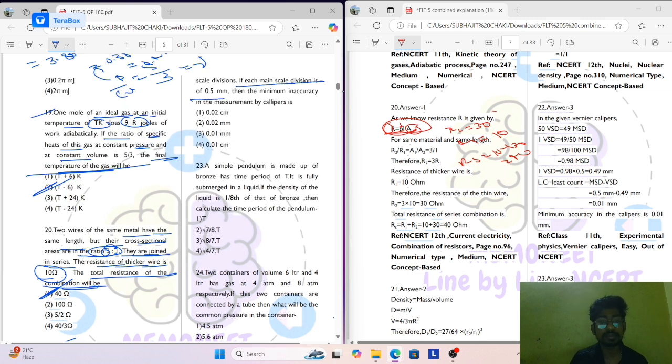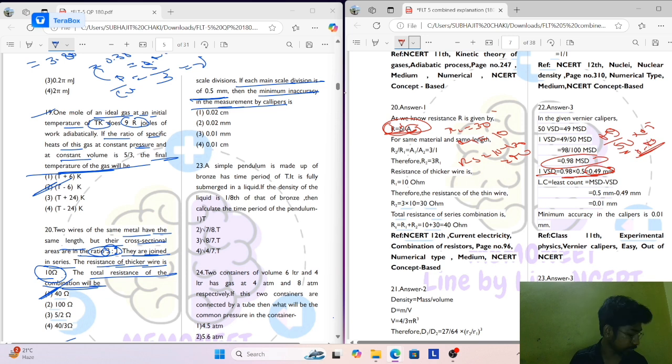Each main scale division is 0.5 mm, and we need the minimum inaccuracy of the measurement by the vernier calipers. 1 VSD equals 49 by 50 into 0.5, which is 0.49 millimeter. LC is equal to 1 MSD minus 1 VSD. MSD is 0.5, VSD is 0.49, so it will be 0.01. So the LC of the vernier calipers will be 0.01.